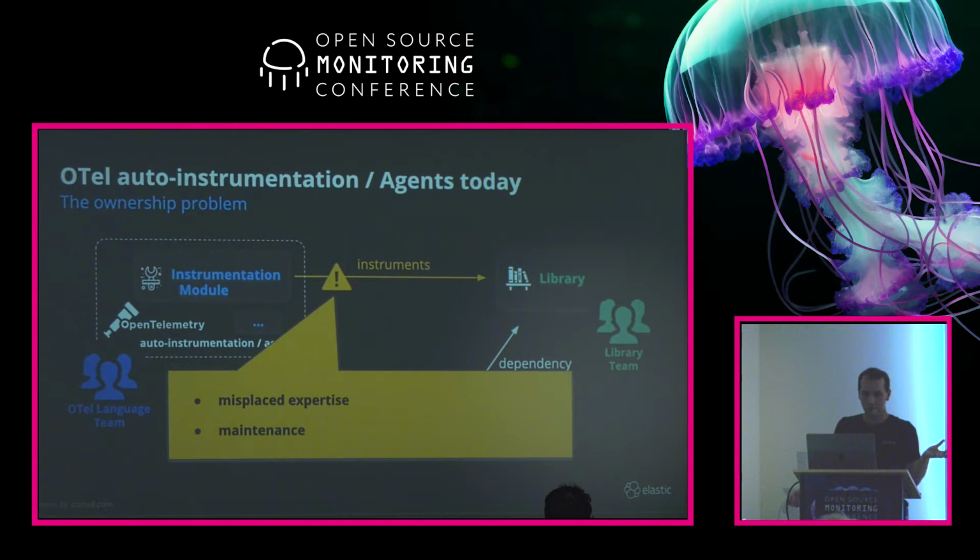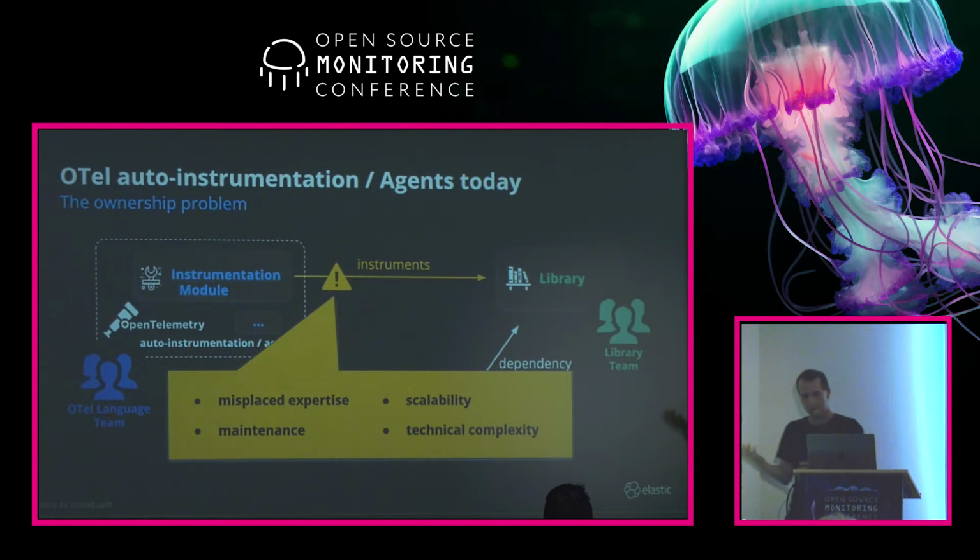And the instrumentation module needs to keep up with that. That's also a huge challenge. The other one is scalability. There are countless libraries out there, and as a monitoring tool, you would want to support basically all of that. And also the technical complexity. Some of these tools rewrite the bytecode and do monkey patching and these kinds of things, which work for a while, and then in some environment, the whole thing blows up.